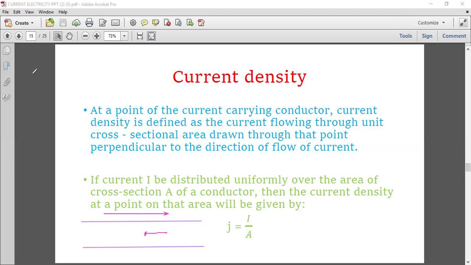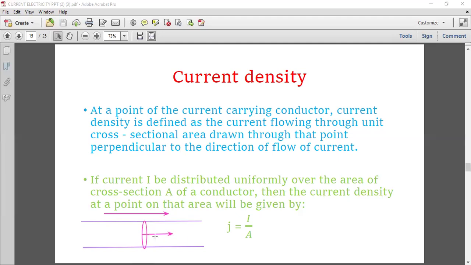So normal to the direction of current, we will take an area A. Suppose this is the area A. This cross-sectional area is normal to the direction of current. Current is flowing in this direction.